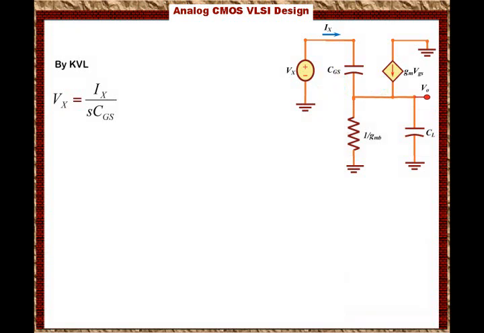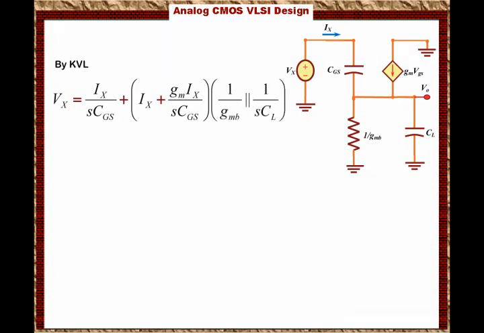So now the current going to the load, going to the output, is Ix plus gm Ix over s times Cgs. This is multiplied by the output impedance, which is 1 over gmb in parallel with 1 over sCL. Now it's clear that the Ix term is included in every part on the right-hand side of the equation.